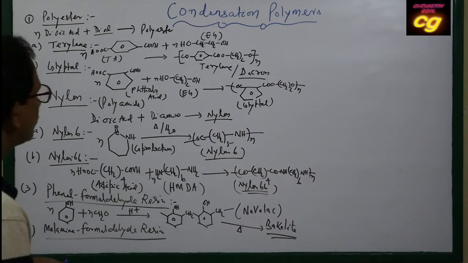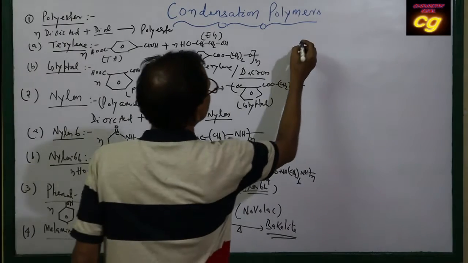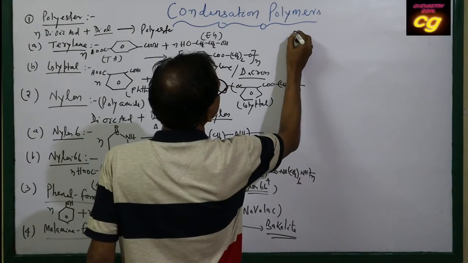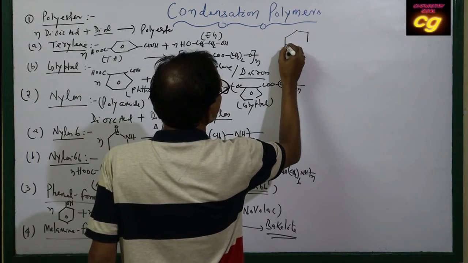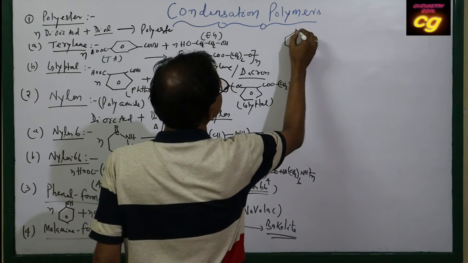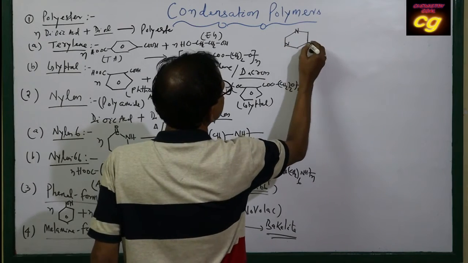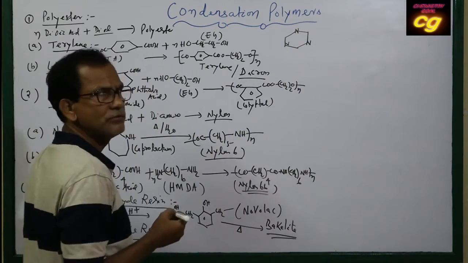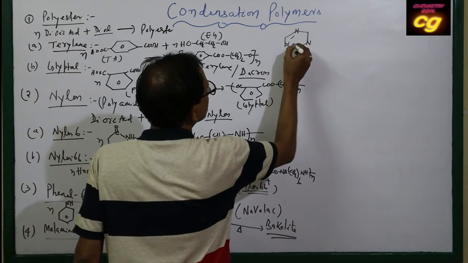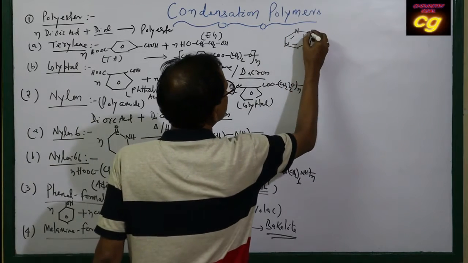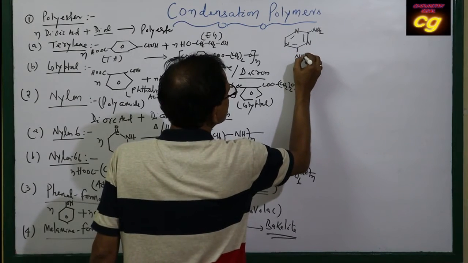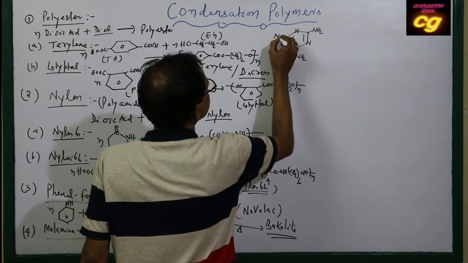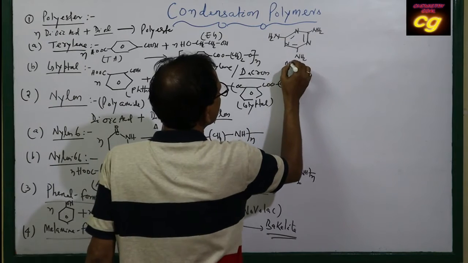Melamine formaldehyde, if you draw the structure, this is the example of melamine. This is your melamine structure: three corners with nitrogen, just like benzene, and the other positions are NH2.